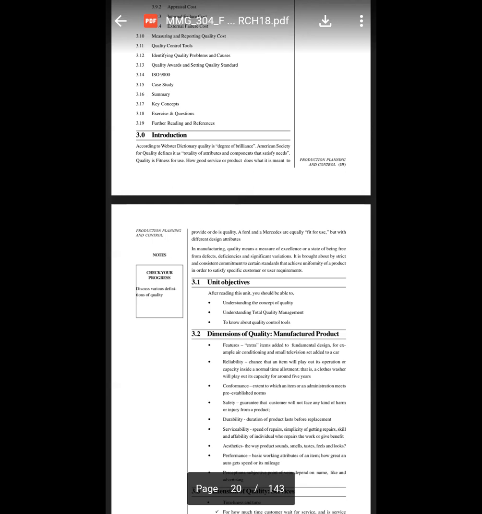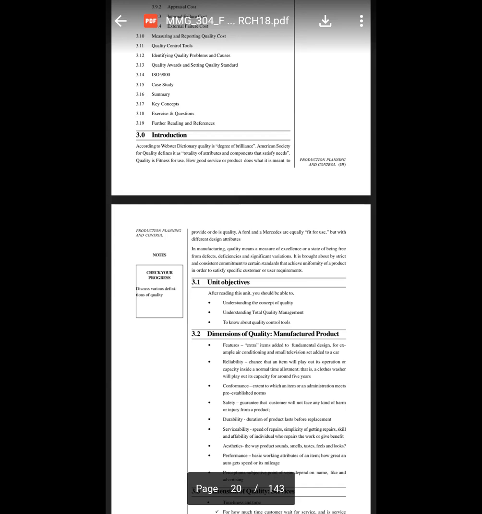Quality is such a thing through which you can improve your product at a larger scale. Even though there is a huge amount of competition in the market, the product gets sold out very quickly. So quality plays an important role.